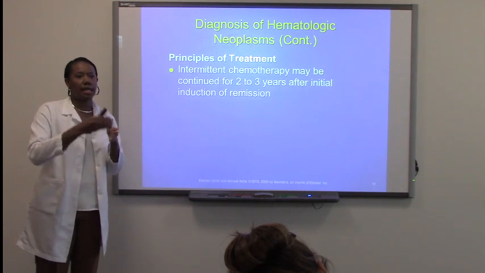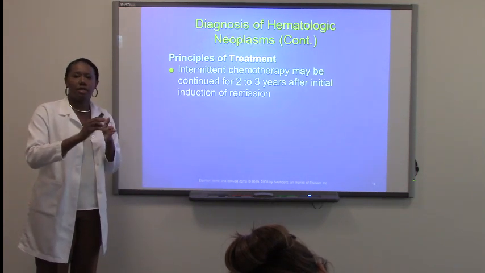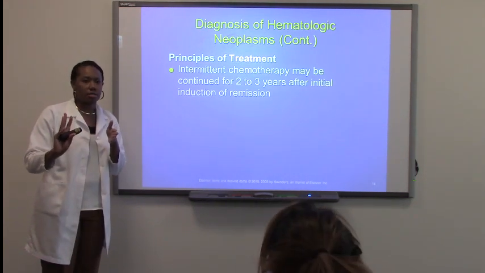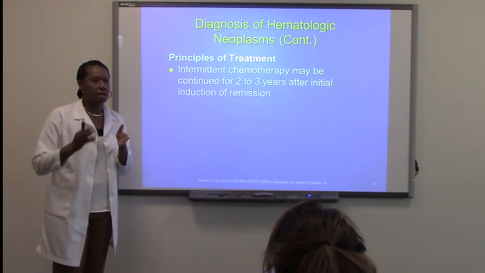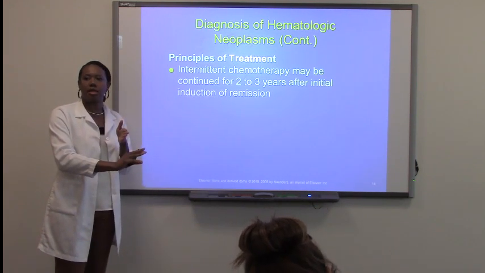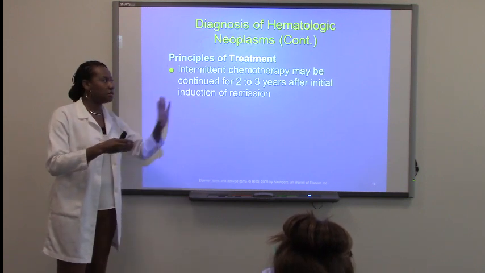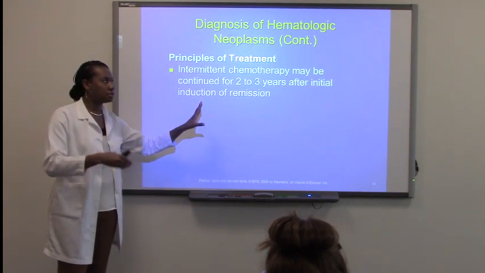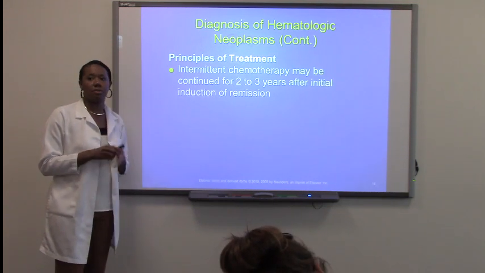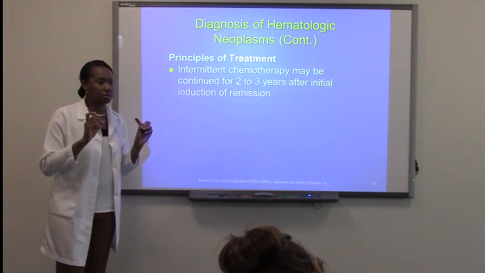So as soon as they hit initial remission, even though everything looks nice, blood count is up to par, no detection of malignant cells, keep in mind that these patients still have to go through 2 to 3 years of chemotherapy just to make sure there are no undetected cells.